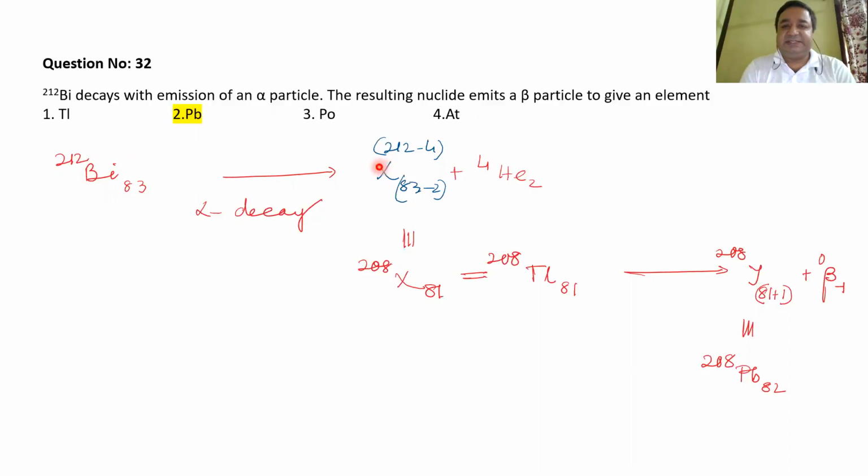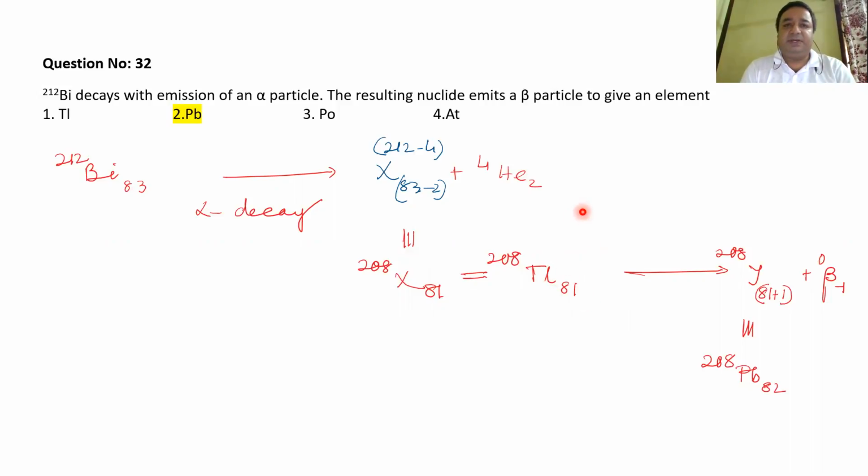So if we say this is the element X, now after doing the math, what we find is that it will have a mass number of 208 and the atomic number will be 81, and the element having the atomic number 81 is going to be thallium.